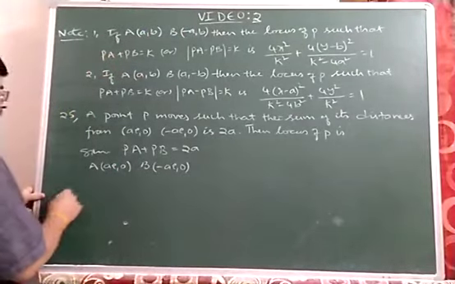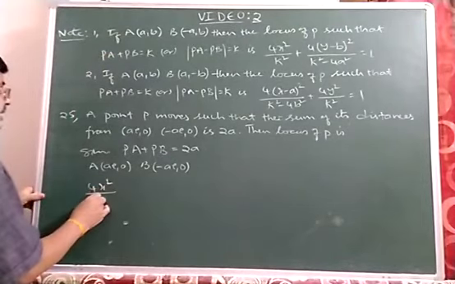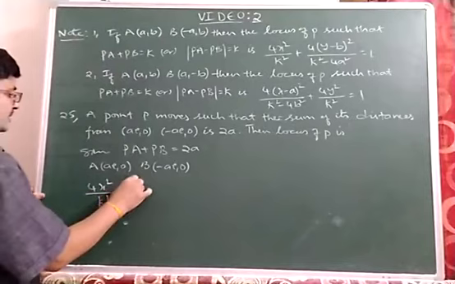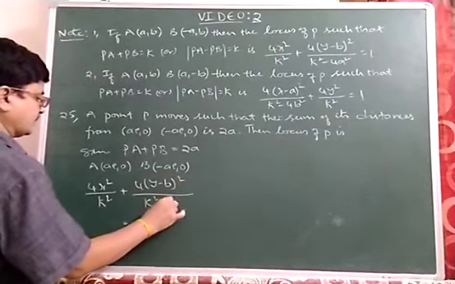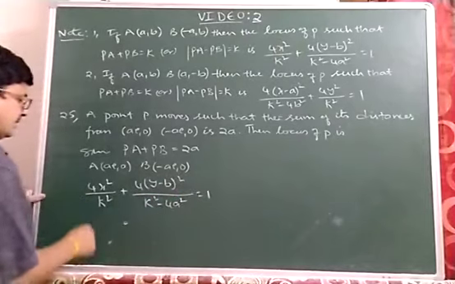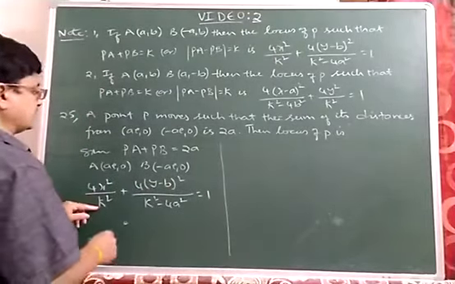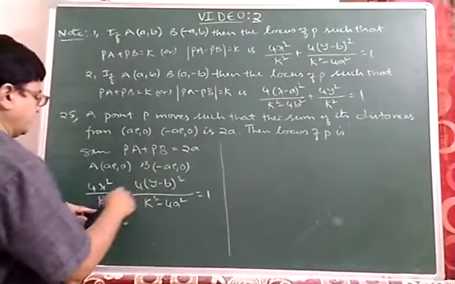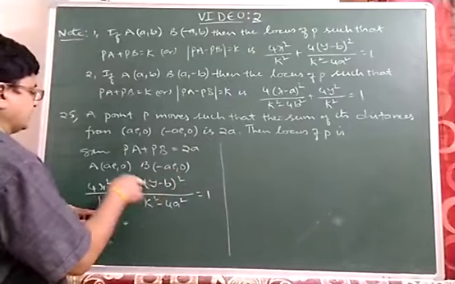So the required locus is 4x² by k² + 4(y − b)² by (k² − 4a²) = 1. This is the required locus, where what is k? 2a is k, and b means 0, a means ae.